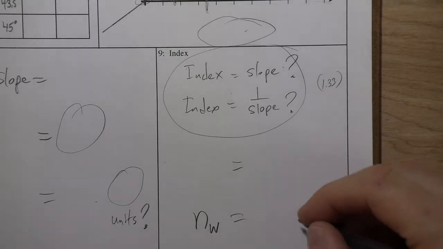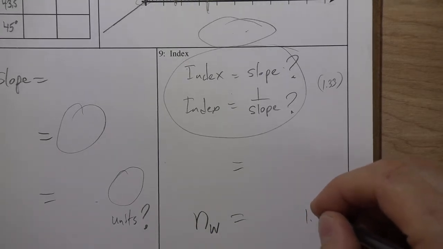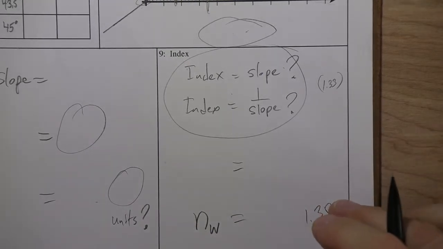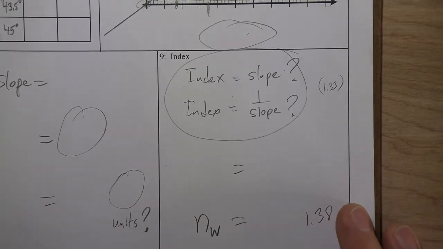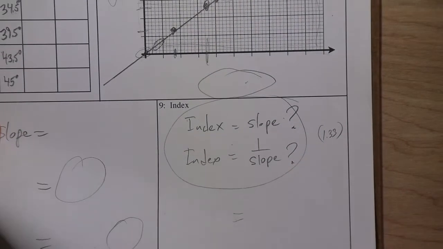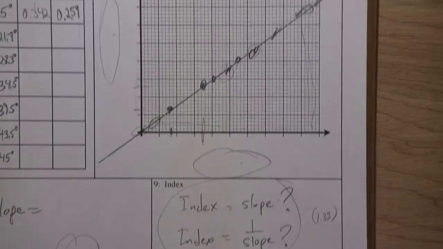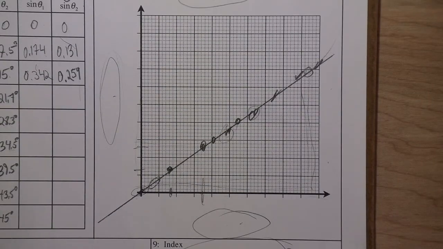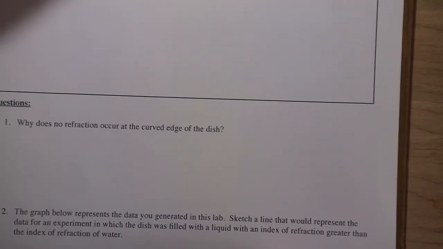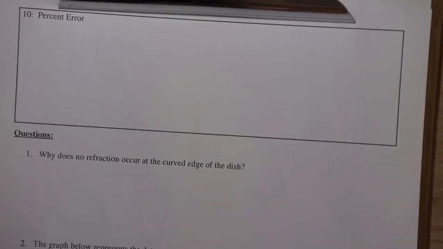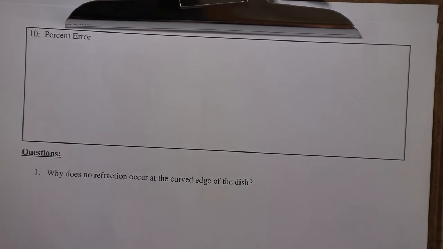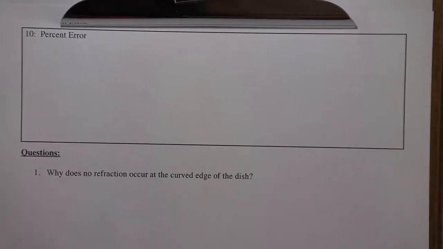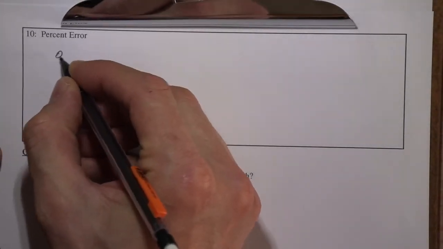All right, so maybe I got 1.38 or something. I don't know, making up a number. You know, it's not going to be perfect, 1.33. But the next thing that we're going to do is calculate a percent error with the value that you got and the accepted value. So that's what this big box is here for, the percent error. So go ahead and maybe I'll write the formula.